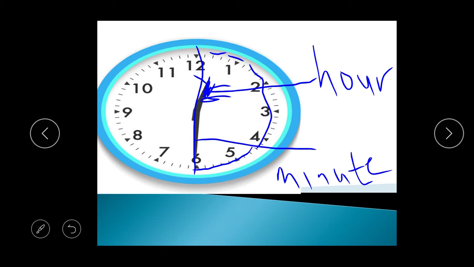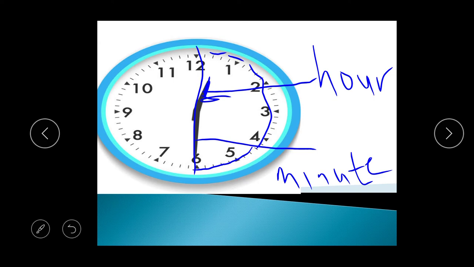So we already know that if the long hand or the minute hand is pointing at 6, it is half past. But half past what? Half past the hour towards which the hour hand has moved halfway, or you can choose the number that the hour hand is closer to.